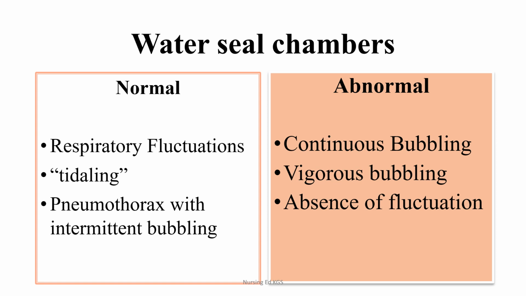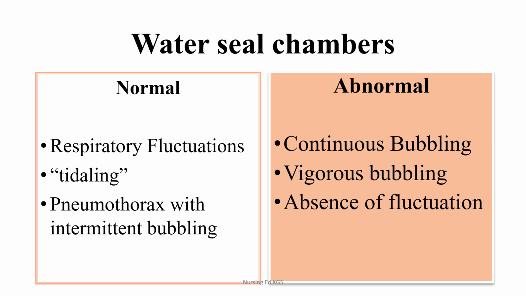Vigorous bubbling can also indicate that there is some disconnection in your tubing, and absence of bubbling could let you know that the tube is kinked. Of note is that a normal finding for patients with pneumothorax is intermittent bubbling, and that tidaling should stop once the lung is reinflated.